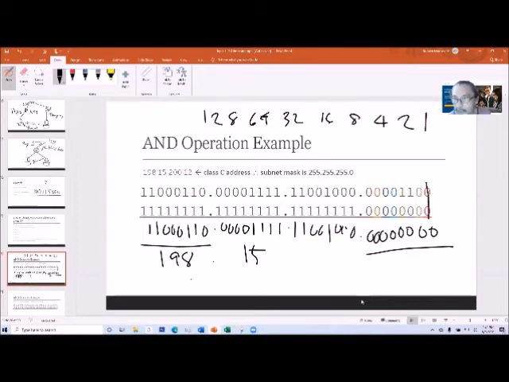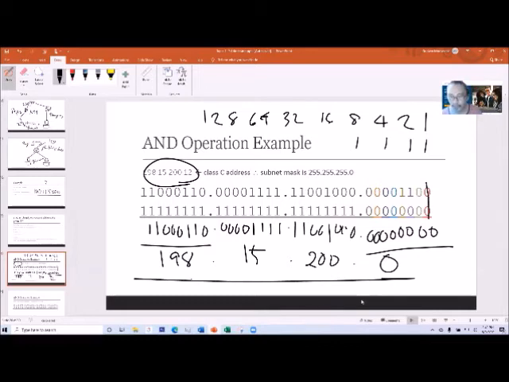We have turned on 1, 2, 3, 4 bits, and the rest are 0, right? So 1 plus 2 plus 4 plus 8 is 15. The third octet is still 200, and the fourth octet is 0. That means that the .12 belongs to 198.15.200.0. You understand?